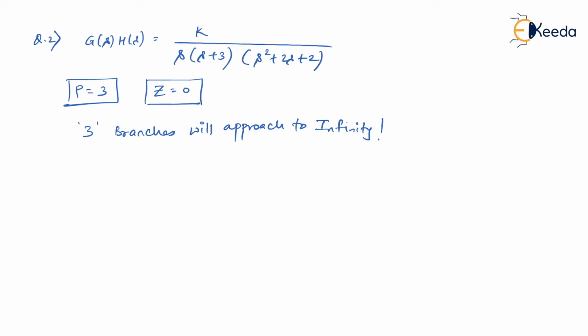Then I'm sure you must have got the thing that if 3 branches are approaching to infinity, you require 3 angles of asymptote, where you will be substituting the value of q as 0, 1, 2, isn't it? Of course, you require to calculate centroid here, you have to calculate angle of asymptotes here.